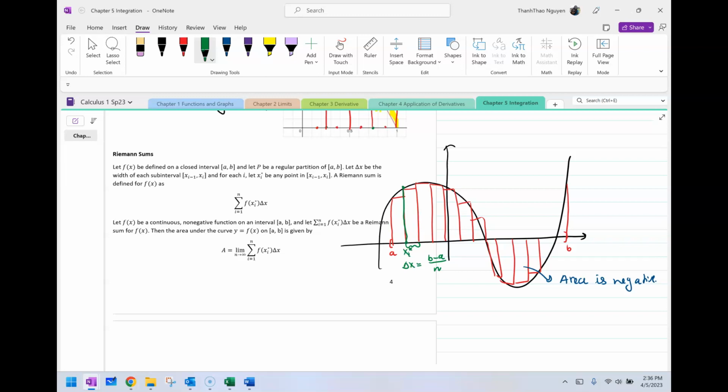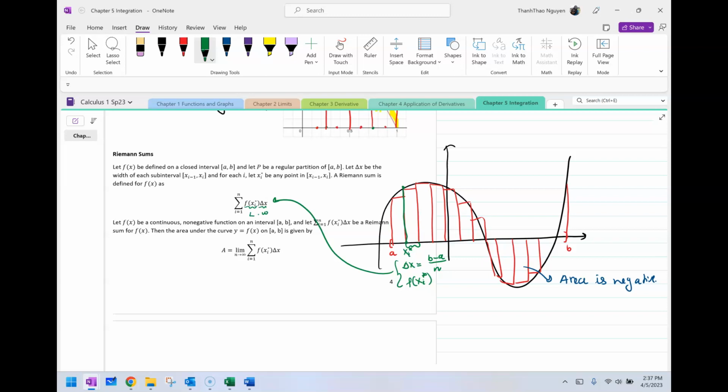Then the height of each rectangle is f of x sub i star. The area under the curve can be estimated by using the Riemann sum, because the area of a rectangle is length times width, and we have n of them.